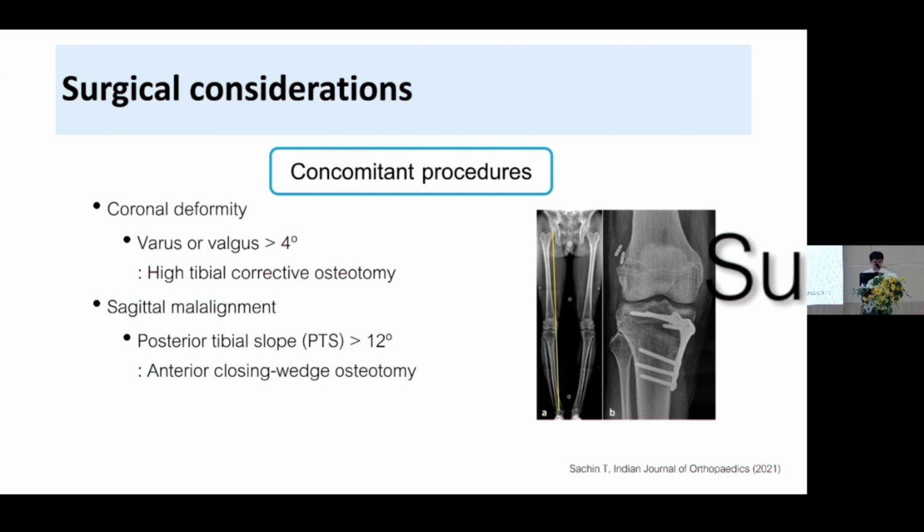Corrective osteotomy should be performed if more than 4 degrees of varus with medial OA to correct the coronal deformity. And for the sagittal malalignment, if the posterior tibial slope is greater than 12 degrees, and the patient does not have preoperative hyperextension, anterior closing wedge osteotomy to reduce the posterior slope should be considered.